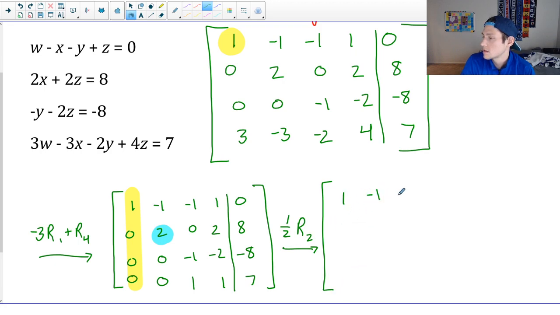So row 1 stays the same. Row 2 gets divided. 2 divided by 2, 1. 2 divided by 2, 1. 8 divided by 2 is 4. Row 3 stays the same. Row 4 stays the same.